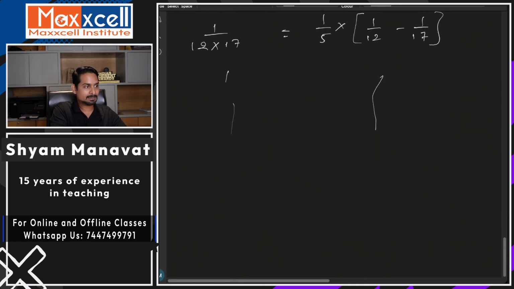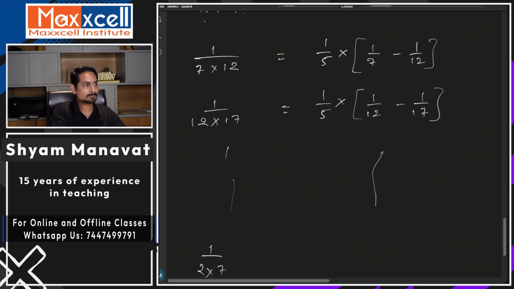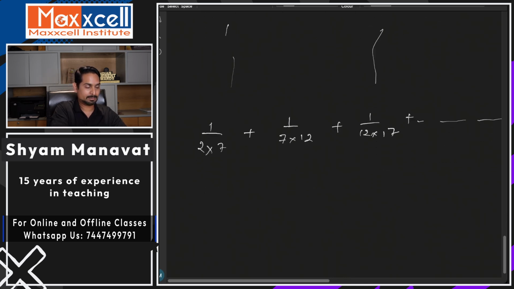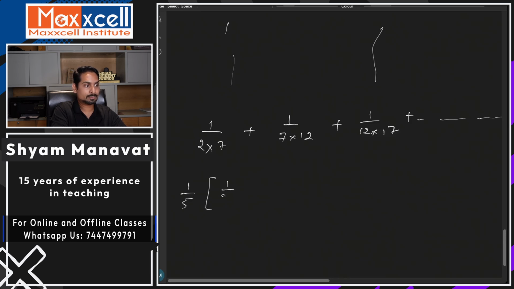Now if I again write what is the sum of 1 upon 2 into 7 plus 7 into 12 plus 12 into 17 plus so on, what is the sum here? That can be expressed as 1 upon 5 into 1 upon 2 minus 1 upon 7.